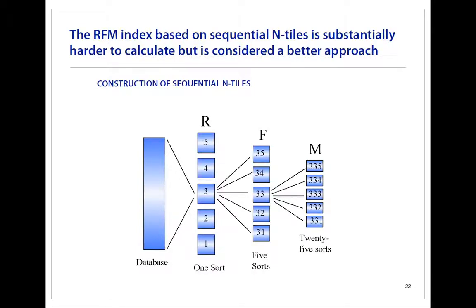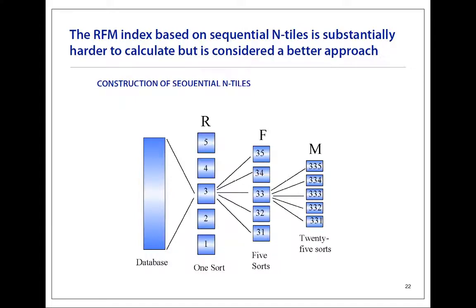All these people are in the same recency group 3 and the same RF group 33. Then we rank them from 1 through 5 on the monetary measure, so they are more homogeneous on the RF measurement.